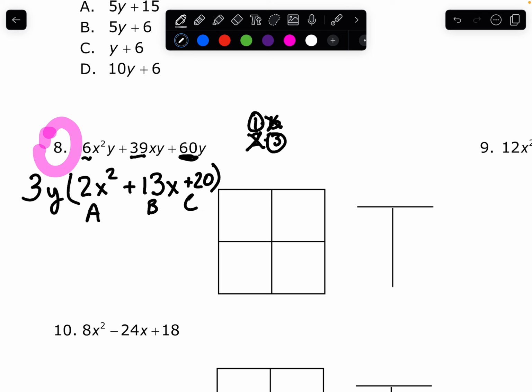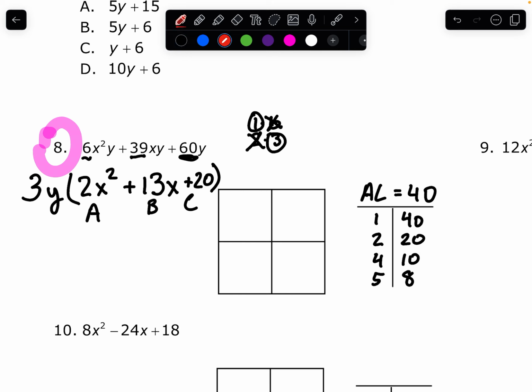When I do an a, a b, and a c here, a times c is going to be 40. If I look at my factor pairs for 40: 1 and 40, 2 and 20, 4 and 10, 5 and 8. 40 isn't divisible by 6, it's not divisible by 7, so I'd be back to 8.